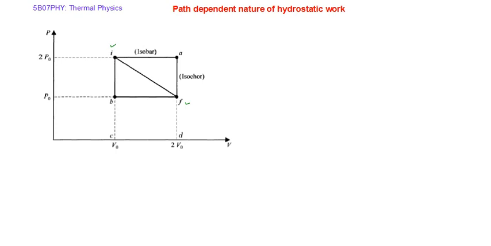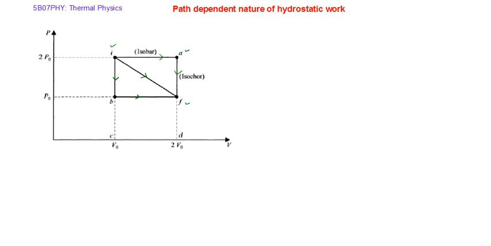So one of the paths, let me denote it by IAF, let it be one path by which the system can move from initial thermodynamic state I to a final thermodynamic state F. Now there can be another path chosen, that is through I then on to B. B is an intermediate state, and then from B finally to F. So that is a second path, and there can be a third path, like from I directly just going to F. So I can choose any number of several other paths of different shapes, but for the time being, for mathematical convenience, I am choosing only three paths.